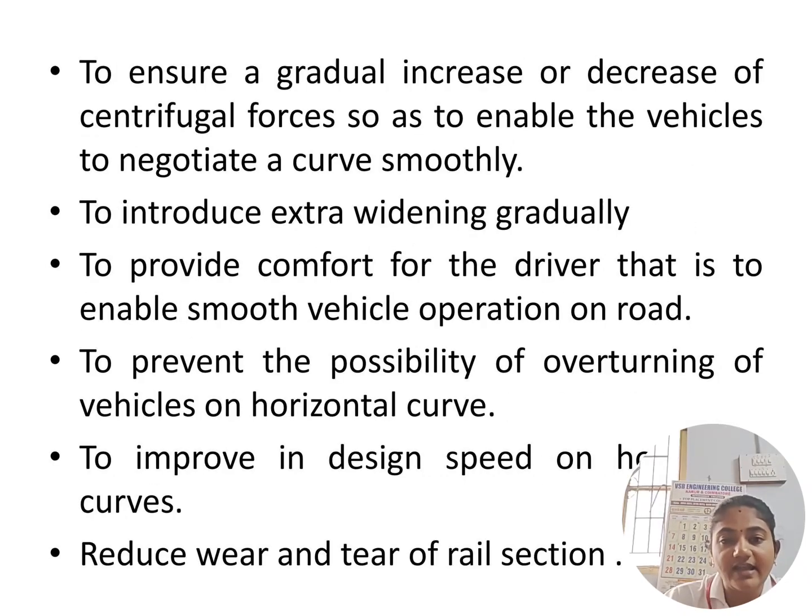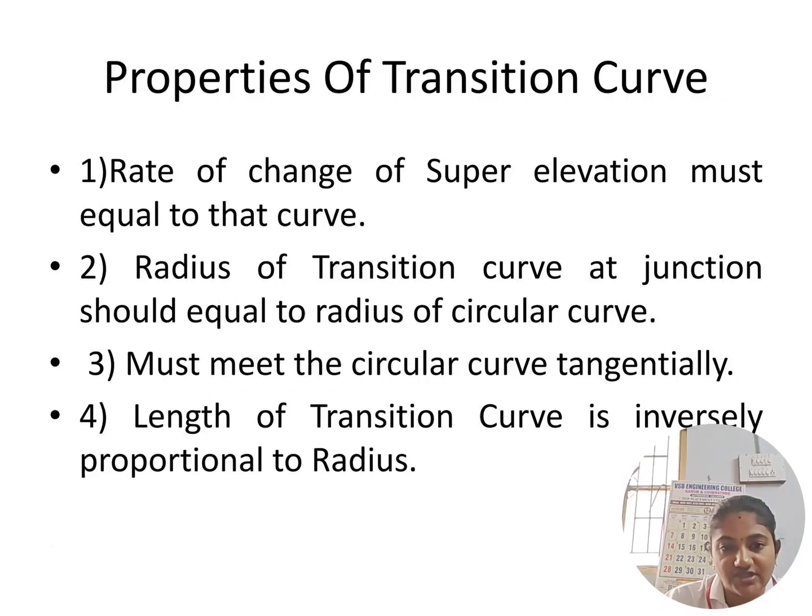To ensure gradual increase or decrease of the centrifugal force, the vehicle should negotiate the curve smoothly. To introduce extra widening gradually, to provide comfort to the drivers, to prevent the possibility of overturning of vehicles on horizontal curves, and to improve the design speed and reduce wear and tear of rail sections.